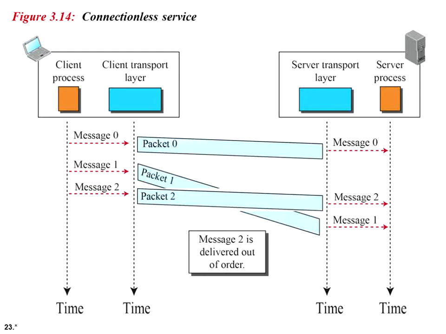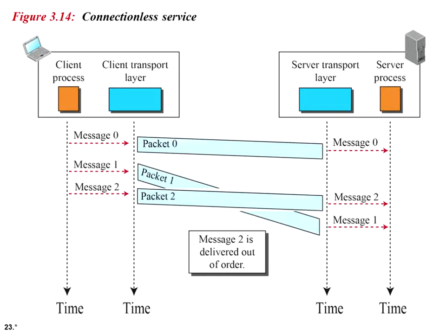Now to show the independence of packets, you have to assume that a client process has 3 chunks of messages: message 0, message 1, message 2 to send to the server process.